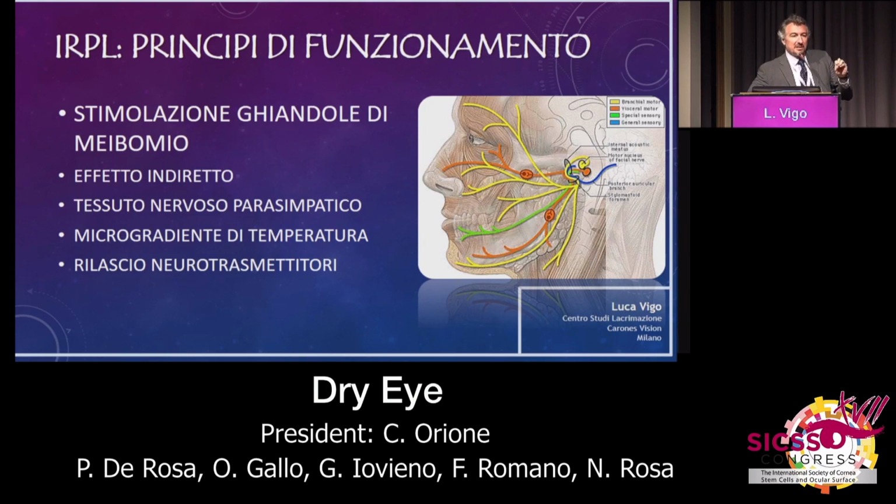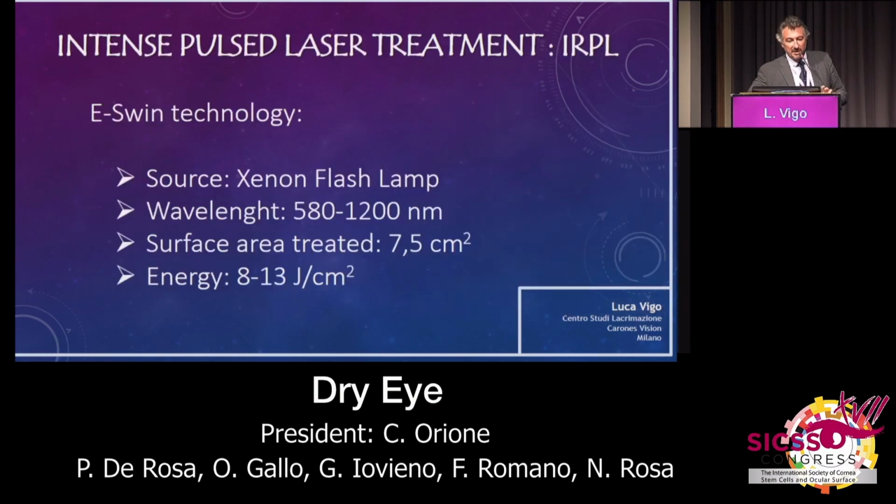So what's the principle on the basis of which the IRPL works? By stimulating the glands, and indirectly the parasympathetic nervous tissue, in order to have them release the lipid component of the tear film. This is a xenon flash lamp.